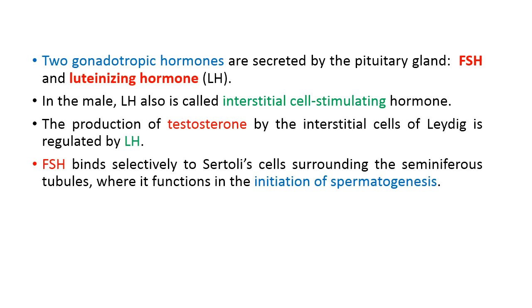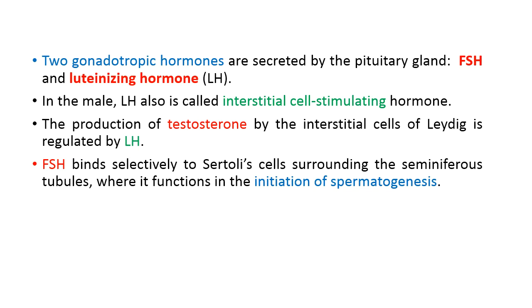In male, luteinizing hormone is also called the interstitial cell stimulating hormone. The production of testosterone by the interstitial cells of Leydig is regulated by luteinizing hormone. So the luteinizing hormone will act on the interstitial cells of Leydig to increase the production of testosterone.